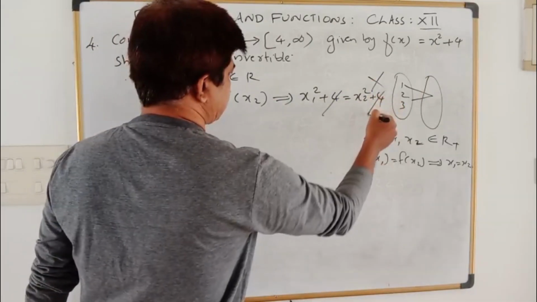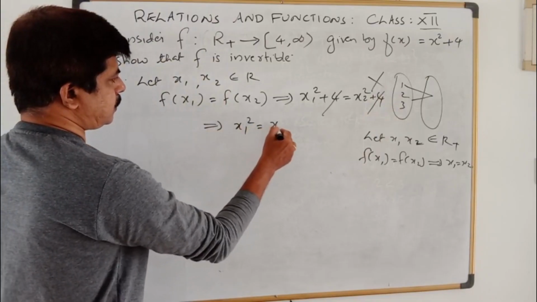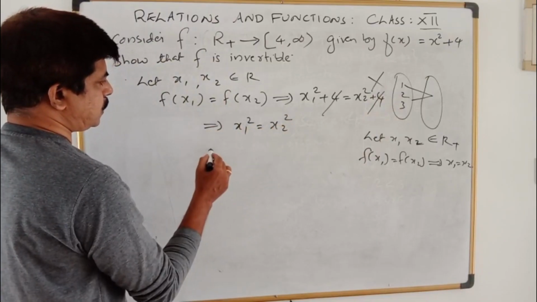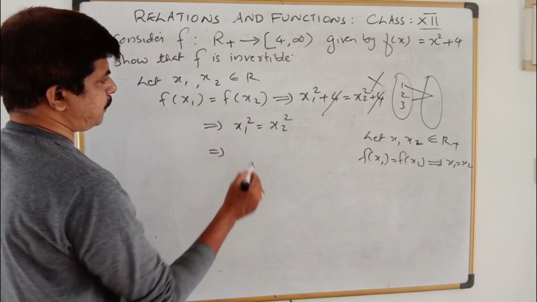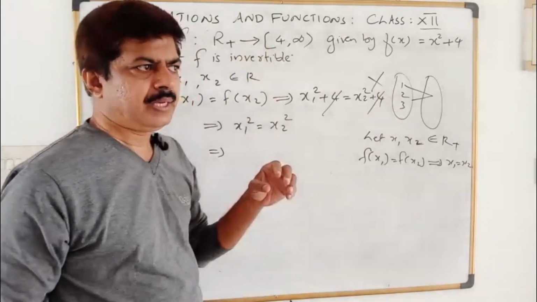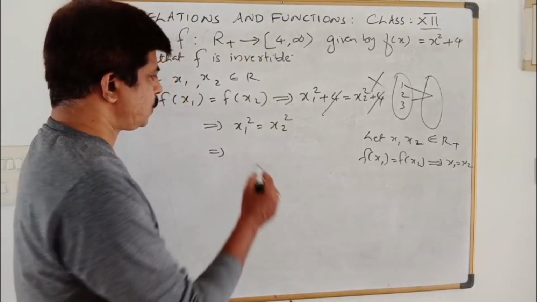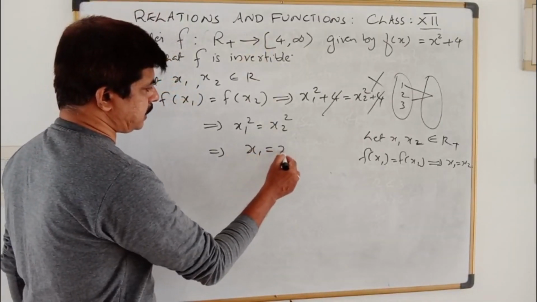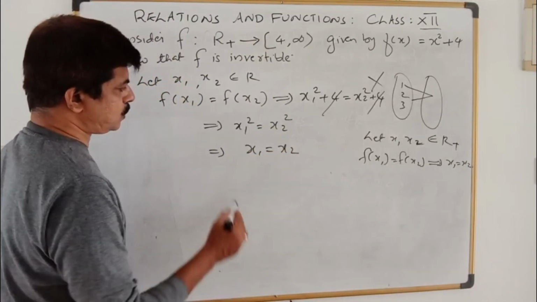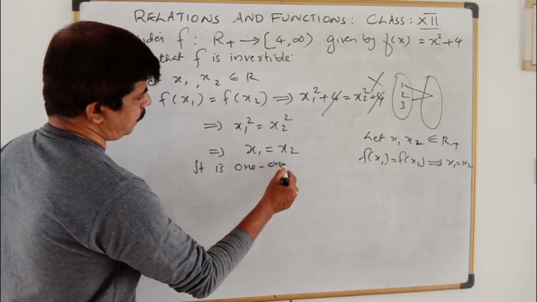So 4 will be cancelled. What will you write? x1 square is equal to x2 square. Taking the square root, since it is a positive real number, x1 is equal to x2. So we can say that it is a one-one function.